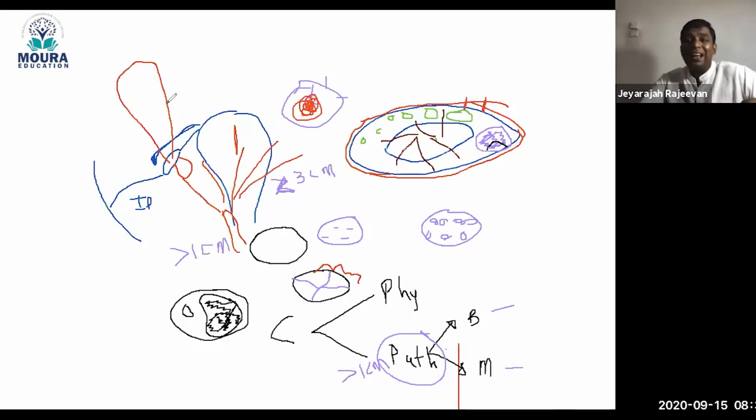So when you do the scan, what are the things we are going to look for? Few features are suggestive of malignancy, few features suggestive of benign. So we are looking for the features suggestive of malignancy as well as benign. Right? So what are the features we are looking for? In the cyst, you can check the thickness of the capsule. Usually in benign, the capsule thickness is thin. If it is malignant, a very thick capsule.